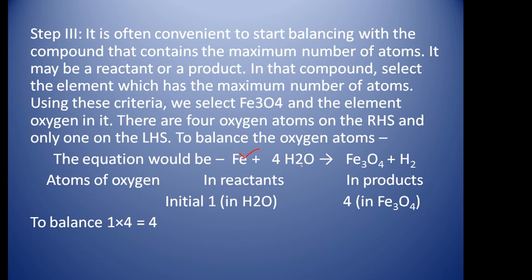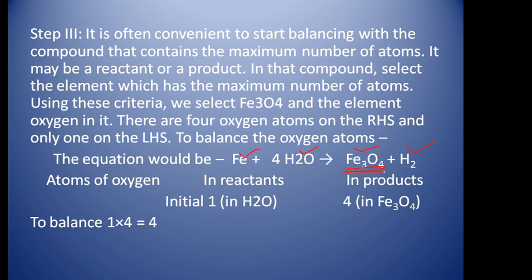Here H2O, that means 3 atoms. Here Fe3O4, 3 plus 4, 7 atoms. Here 2 atoms. So we will start with that compound which contains the maximum number of atoms. Am I clear? So here it is Fe3O4. We will start with Fe3O4.